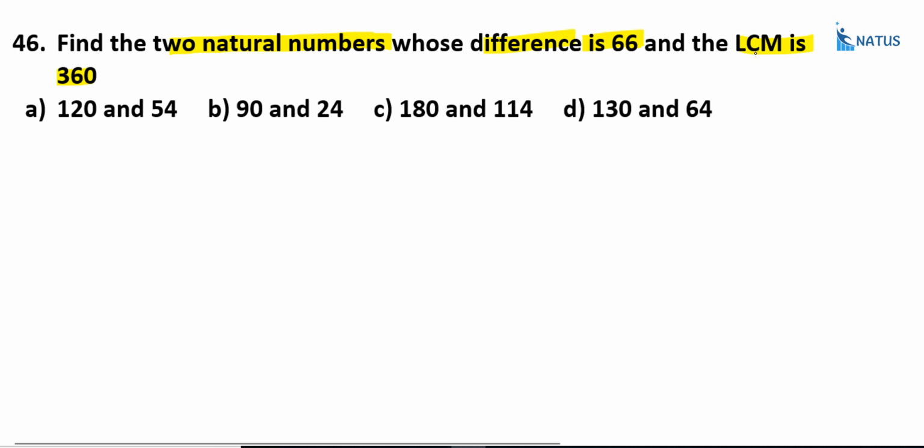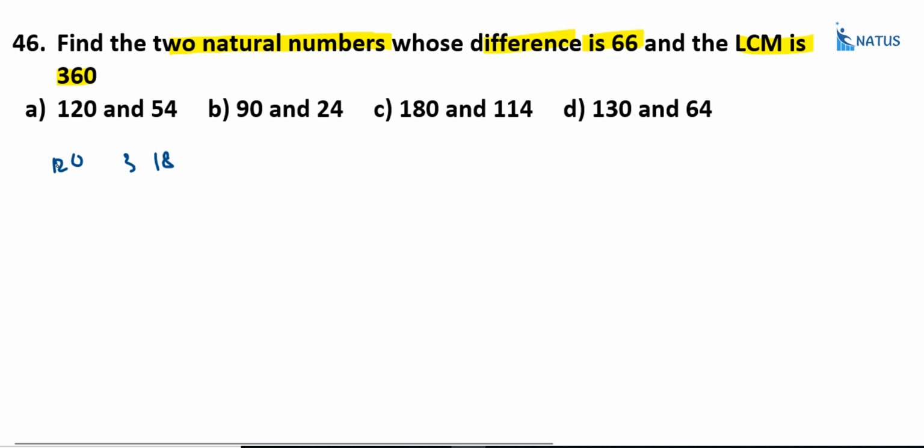But what we require is the LCM equal to 360. So it is better to apply the factors. If you are thorough with tables it is very simple, otherwise a bit difficult. This is equal to 120, and what happened? 54, 3 into 18, so 18 is not a factor of this one, right?